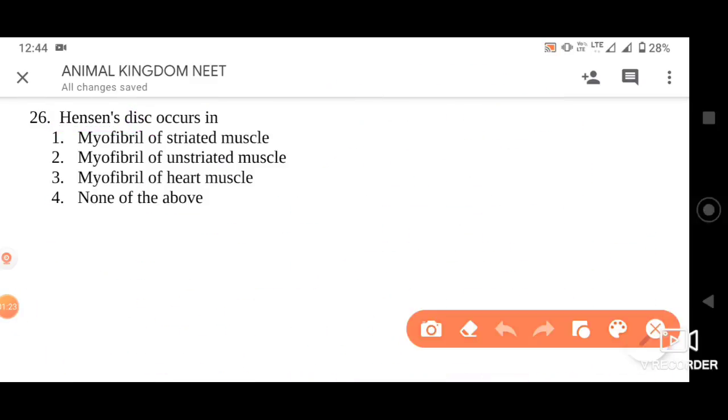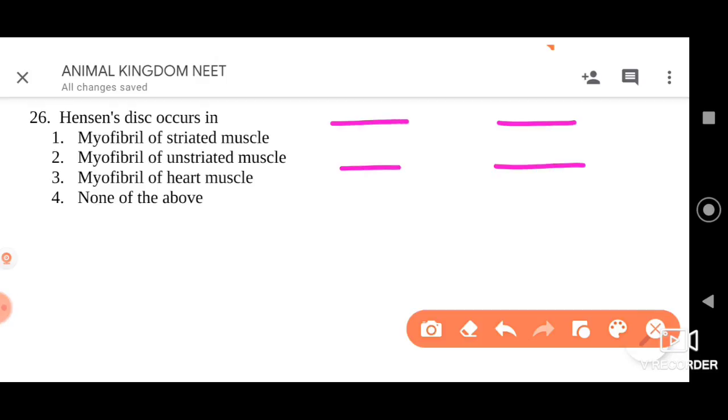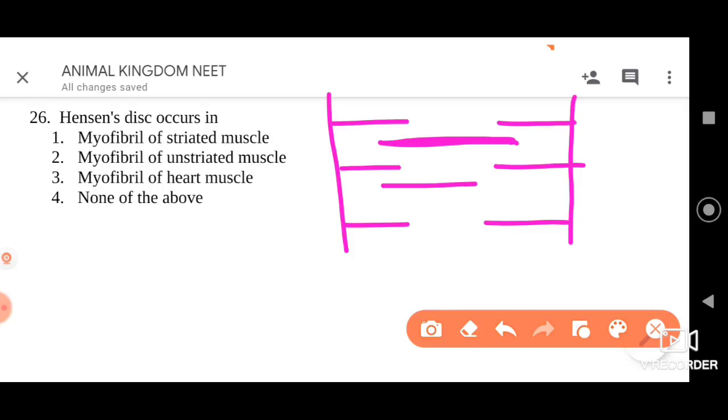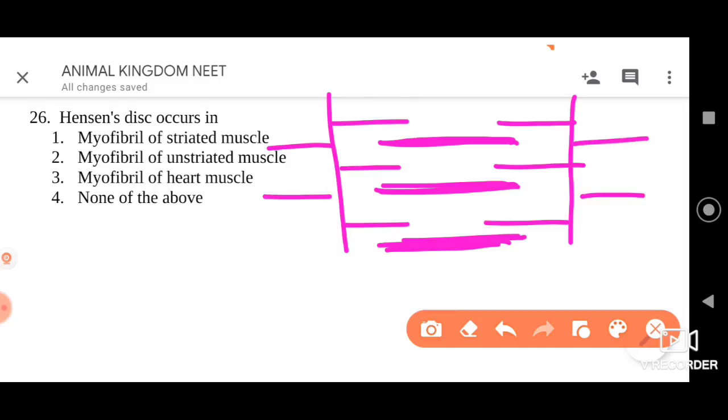Let me represent the sarcomere, the basic unit of the muscle fiber. If you consider this as the actin and this as the myosin, here again actin will be present, and here myosin will be present.